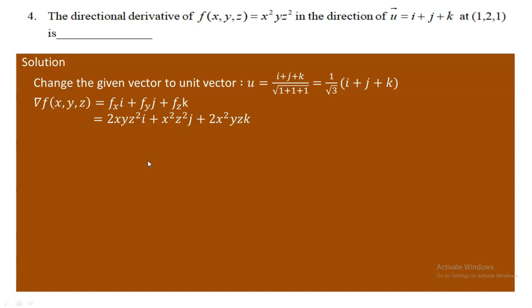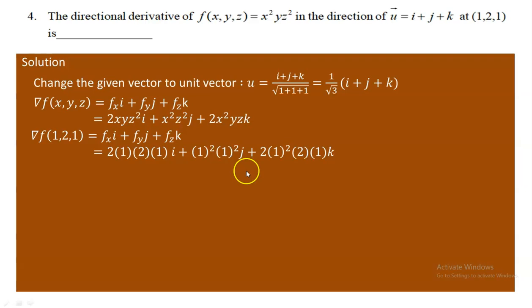Now the next thing is we have to evaluate this gradient at the given point. When you take x = 1, y = 2 and z = 1 in place of fx, fy, fz, we obtain 4i + j + 4k, as you see.